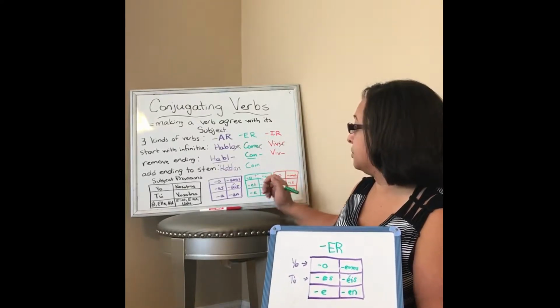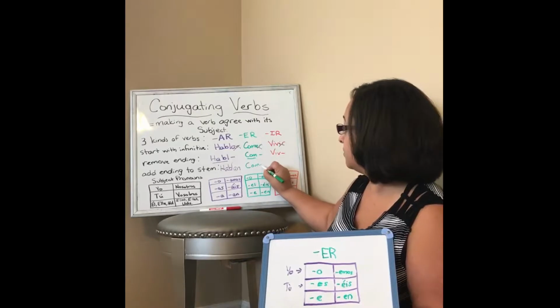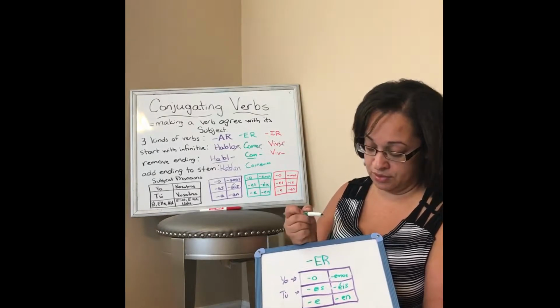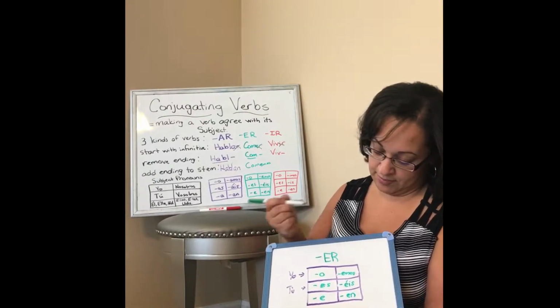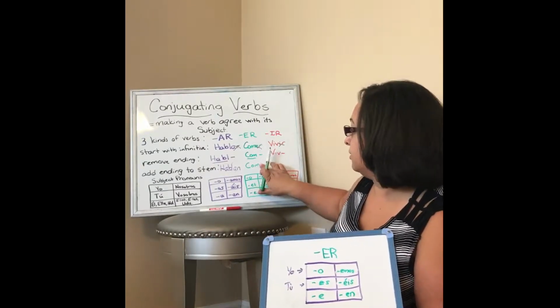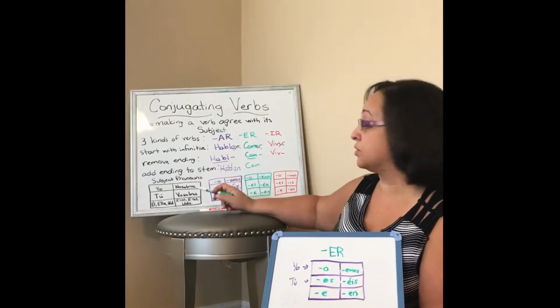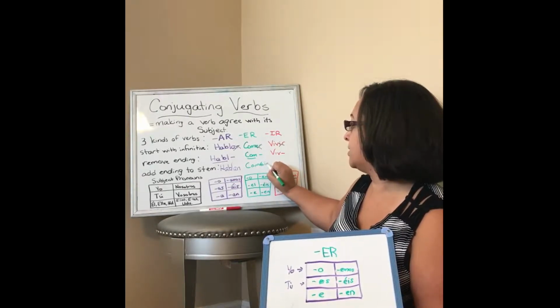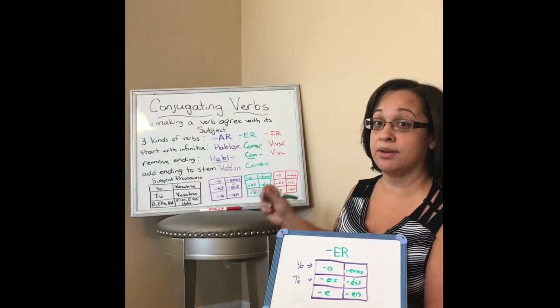Then we have nosotros comemos. So we add the emos for the nosotros form. Then we have éis. So that's for our subject pronoun of vosotros. So coméis, vosotros coméis. And again, there's that little accent mark that you're going to want to include.